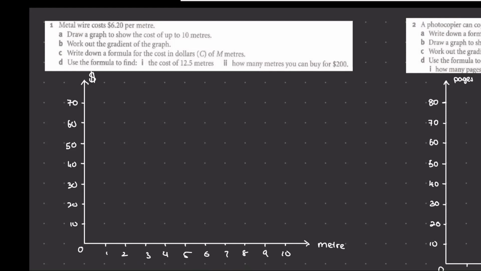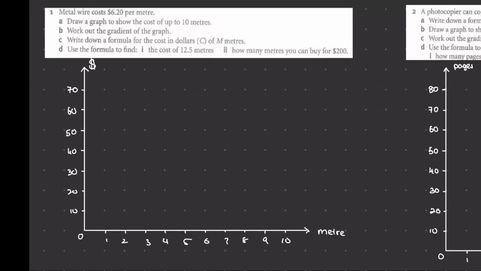So naturally, when there is no metal wire being bought, the value will be at 0. So this is one of my coordinates that I will use. The next coordinate that I'll use is at 10 meters. So at 10 meters, it will be 62, because when I buy 10 meters, the price will be 62.